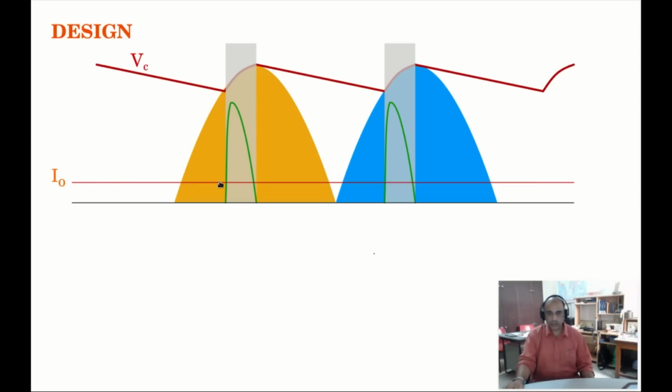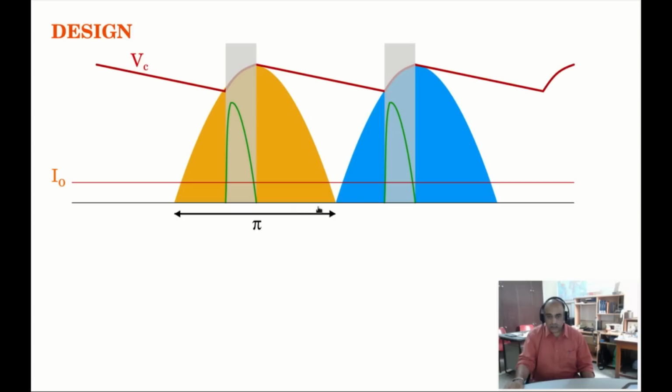There will be a small ripple which will have a similar shape as that of VC divided by R. This green waveform is that of the current out of the rectifier, as we saw, and we also need to define a few more parameters, which we will do now in order to calculate the values of the capacitance and the diode ratings.